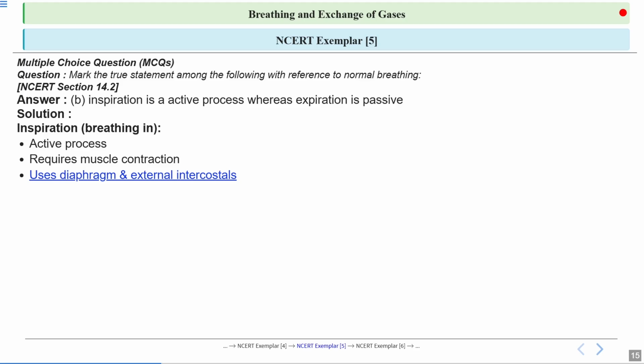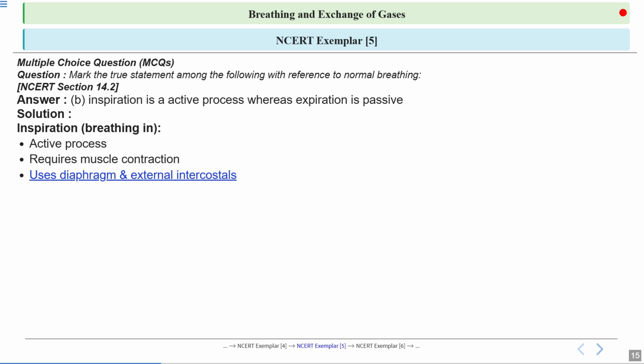By the contraction of the external intercostal muscles, all the ribs move upward and outward. So your thorax cavity increases. Not only this, the muscles attached to the lower part of the diaphragm also contract.